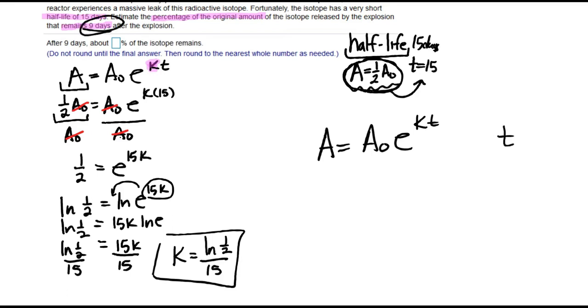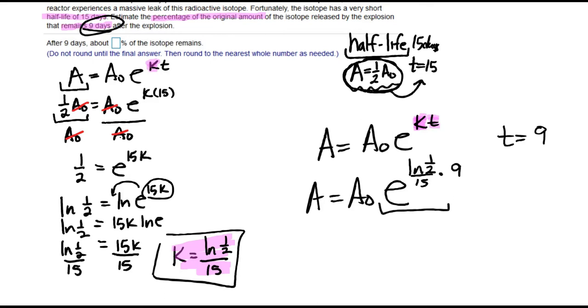So now t is going to equal 9. So I'm going to substitute in for t, 9. I'm also going to substitute what we figured out for k. And then we'll be able to figure out the percentage. So we get e to the natural log 1/2 over 15 times 9.